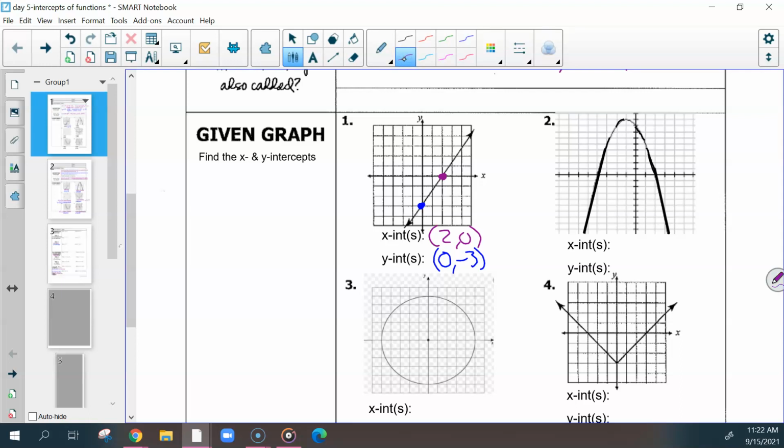For number 2, what are the x-intercepts? More than one. -4 is one of them, and then 2 is the other. You can write this a couple different ways. One is listing them out in ordered pairs.